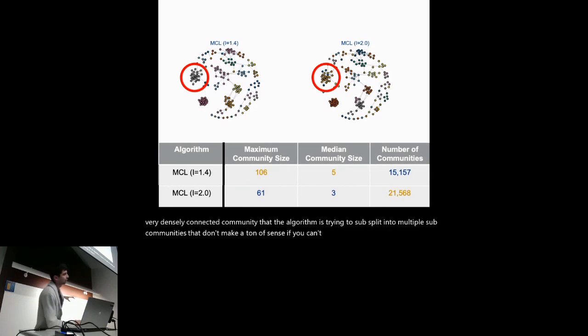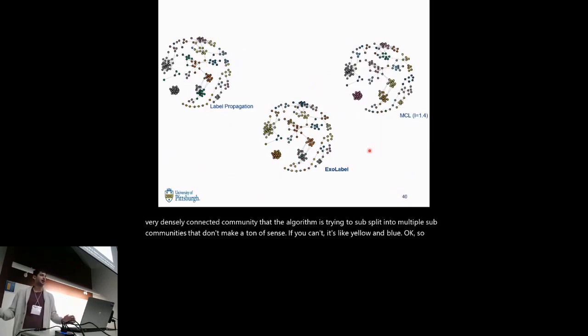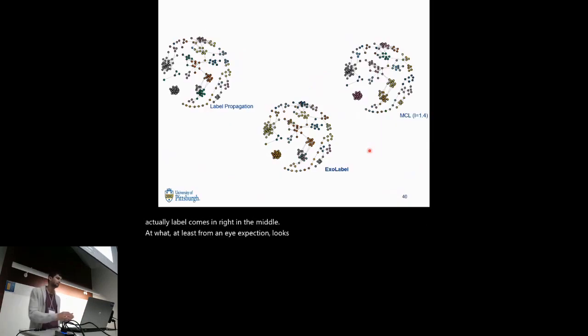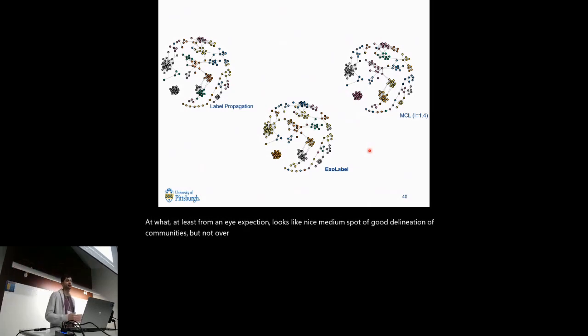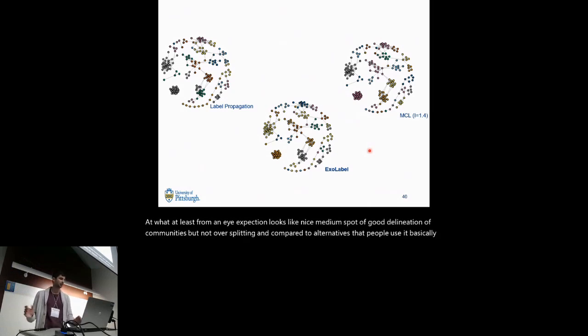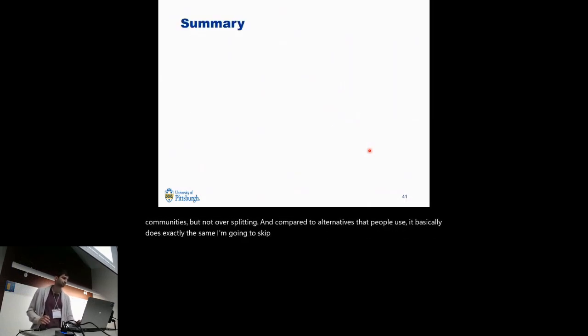That's like yellow and blue. Okay, so Xlabel comes in right in the middle at what, at least from an eye inspection, looks like a nice medium spot of good delineation of communities, but not over splitting. And compared to alternatives that people use, it basically does exactly the same. I'm going to just skip through this.